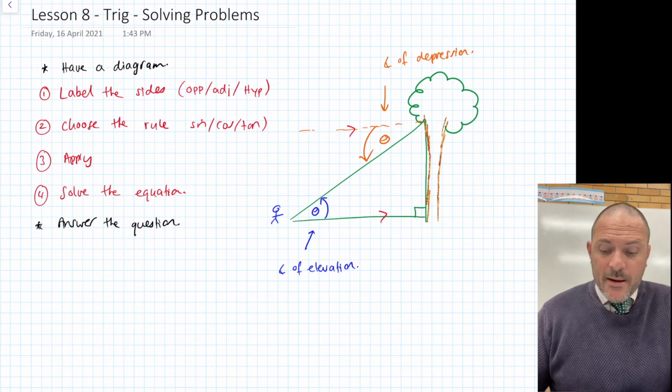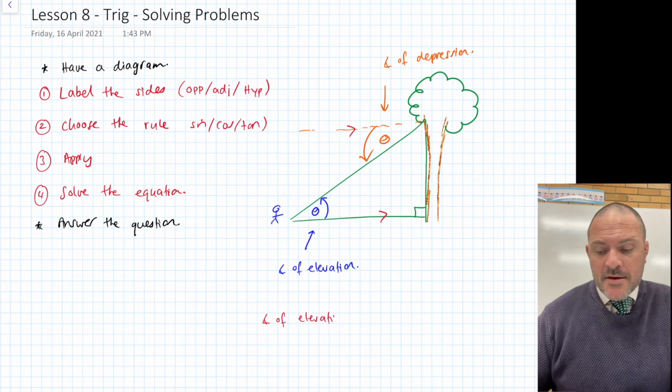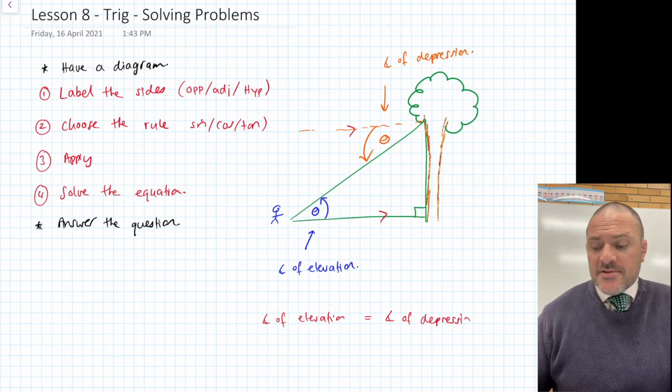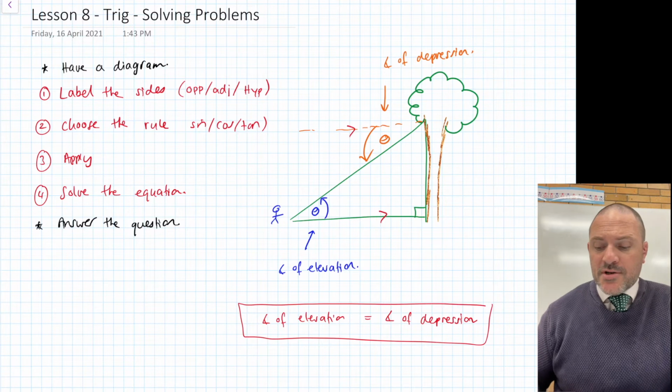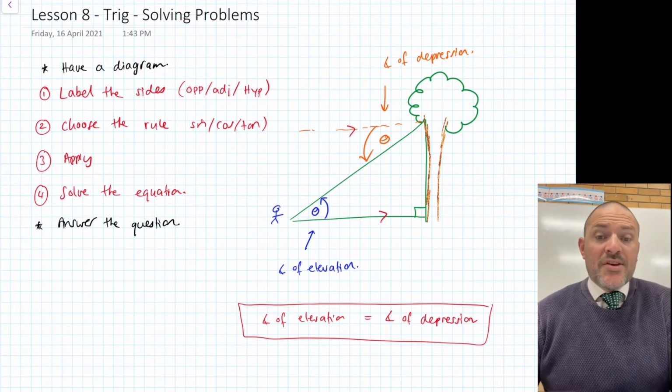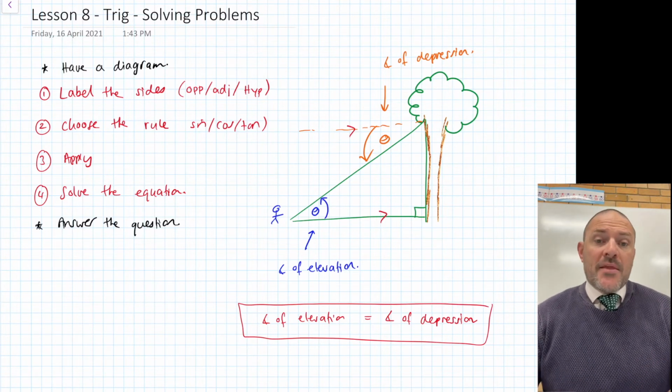So what we can come up with is this statement: the angle of elevation is equal to the angle of depression. They're always the same value, which means regardless of what they give us in the question, whether it be elevation or depression, we can generally always write it in that bottom part of the triangle.